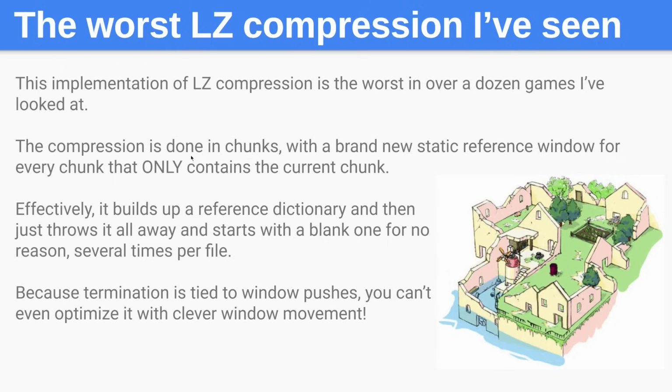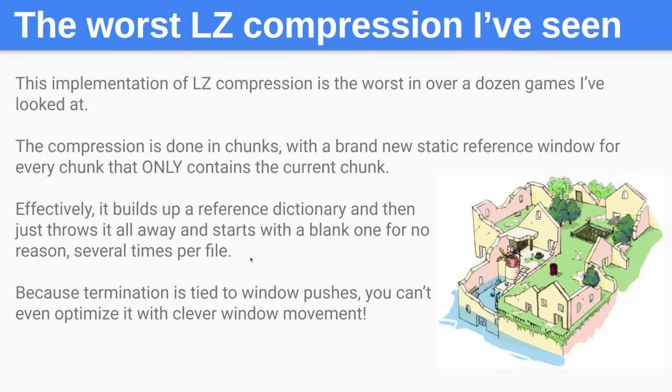The compression is done only in chunks, and every time a new chunk is started, a brand new static reference window has to be populated that only contains stuff from the current chunk. Basically, it builds up a useful reference dictionary and then just throws it all away multiple times throughout the compression and decompression and starts with a blank one every single time, and it does this several times per file.